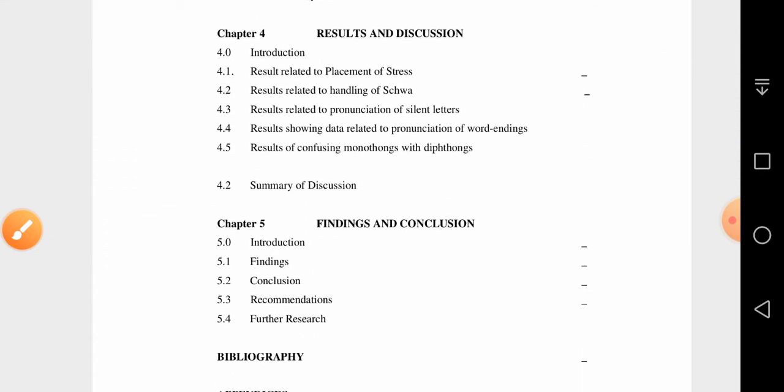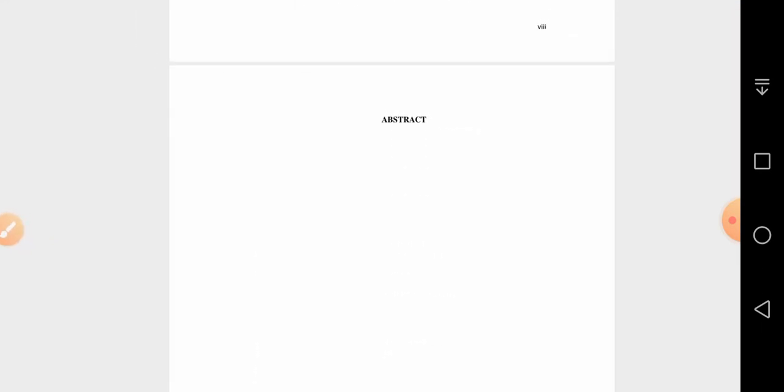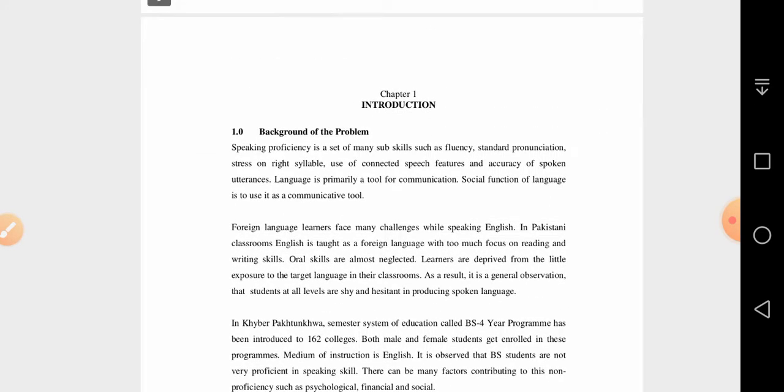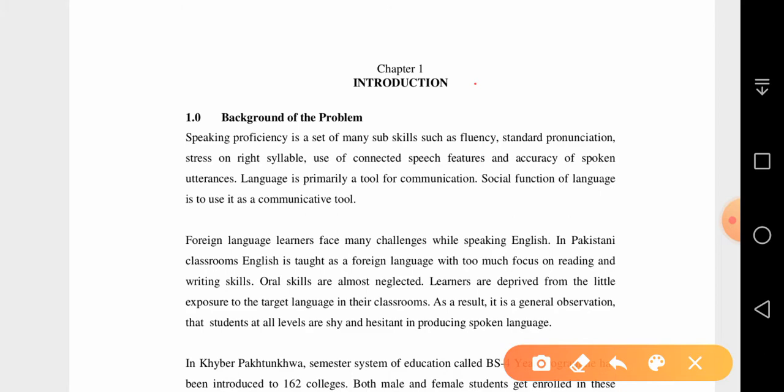So chapters are mentioned in table of contents. Then we have to write abstract, which is summary. So I have already given you a report writing format, so you can read the abstracts, and you have to write your abstract accordingly. Chapter 1, as you can see in front of you on the screen: introduction, background of the problem.